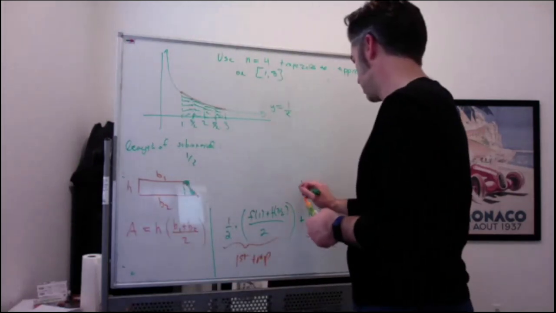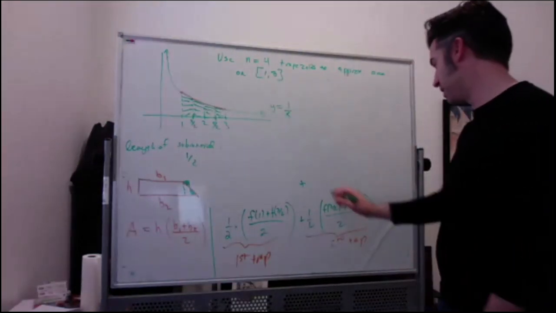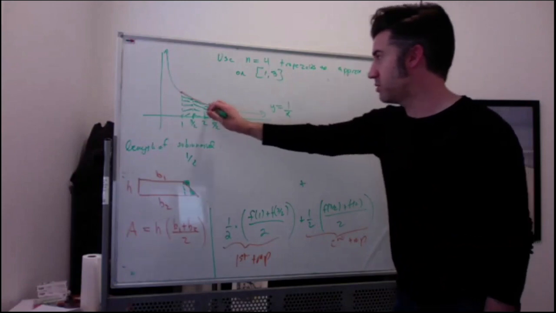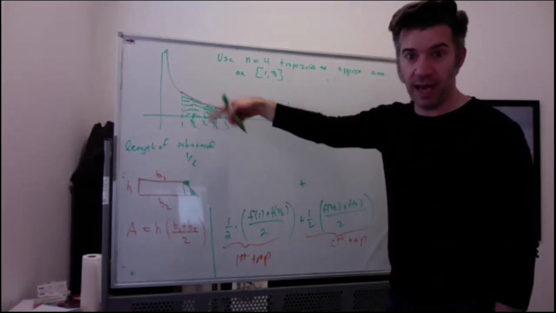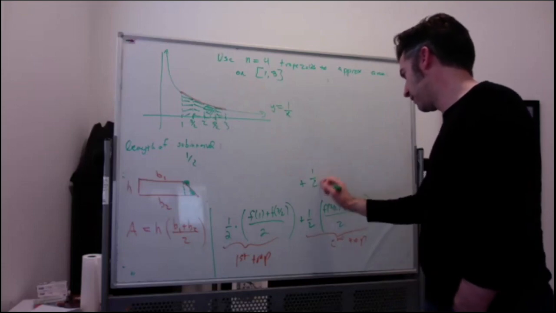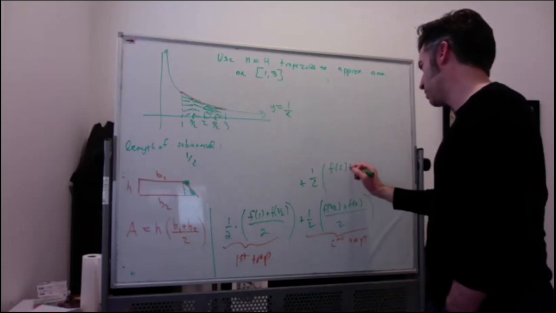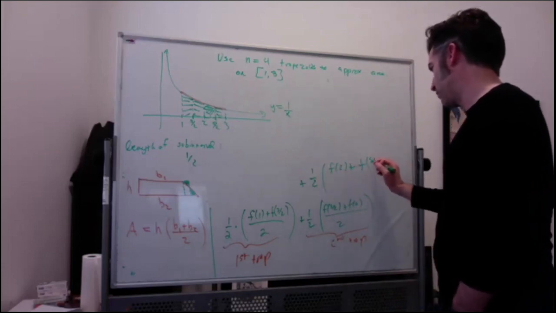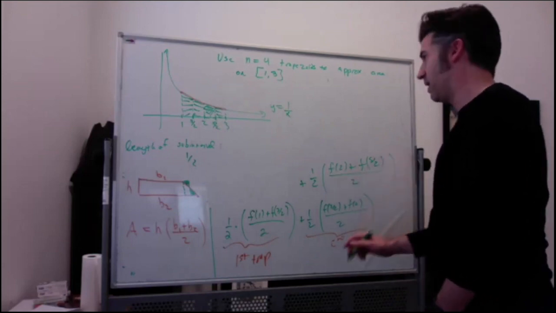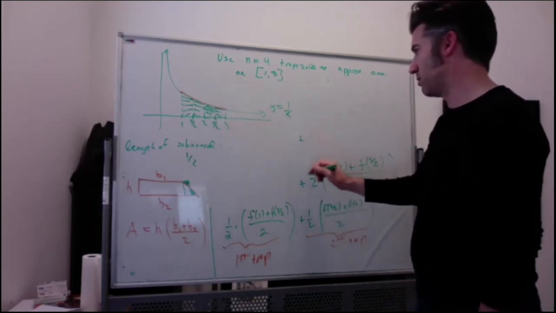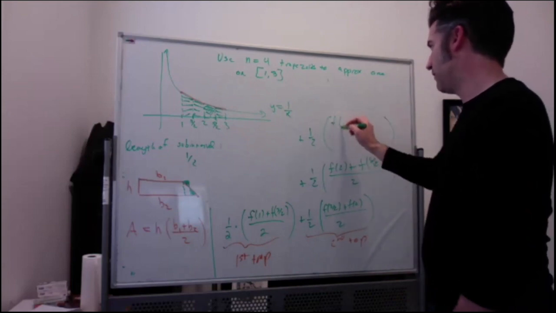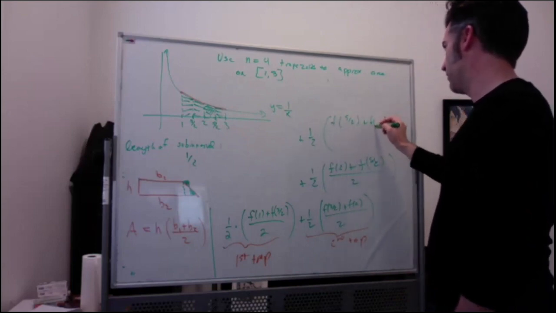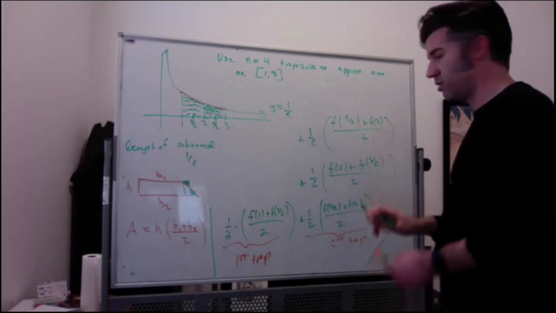Plus, the third trapezoid is this one here. It's 1/2 again times the average of the heights, so 1/2 times f of 2 plus f of 5/2, over 2. And finally, the last trapezoid is again base times the average of the heights, f of 5/2 plus f of 3, all over 2.